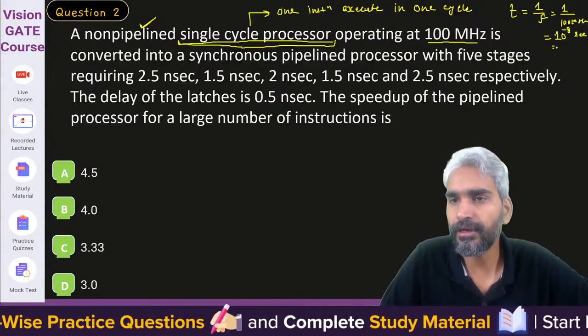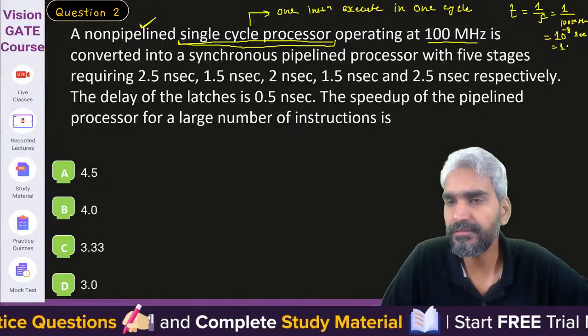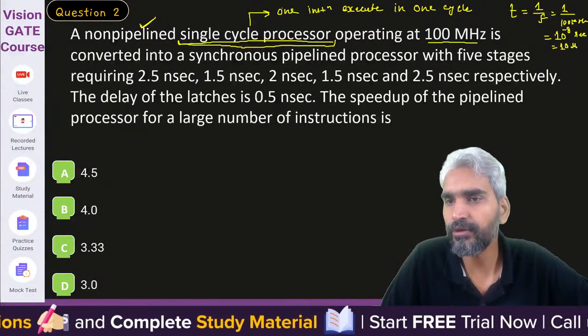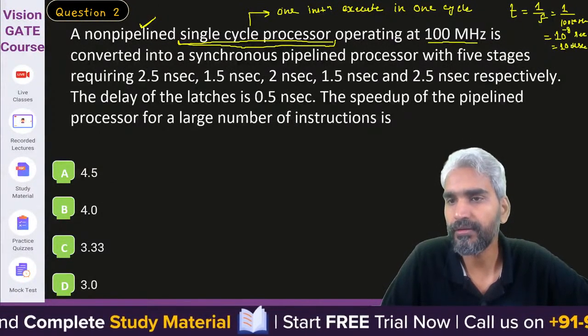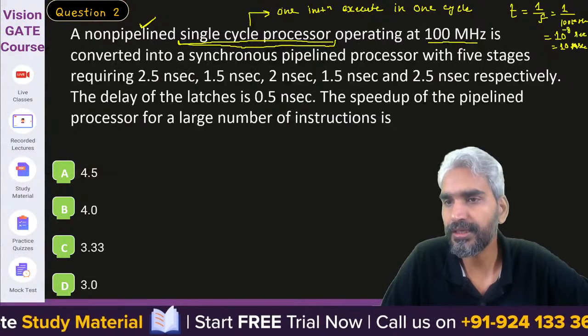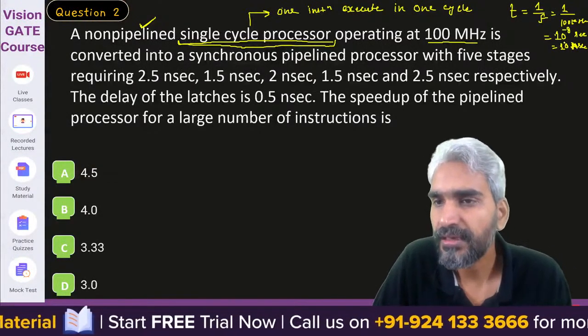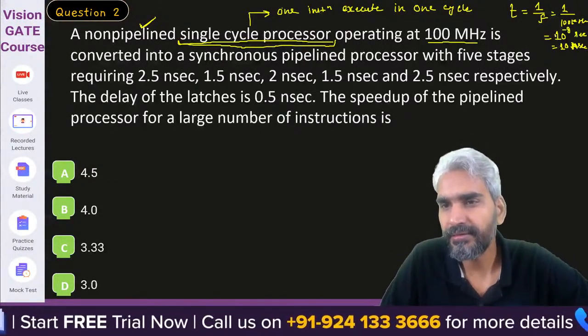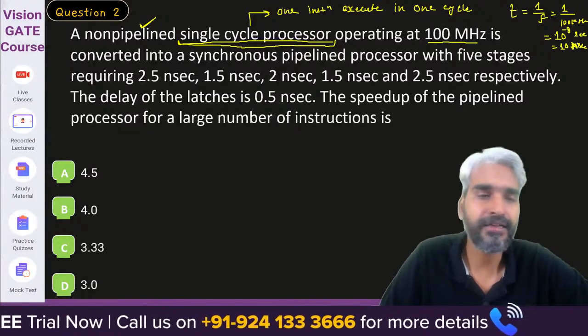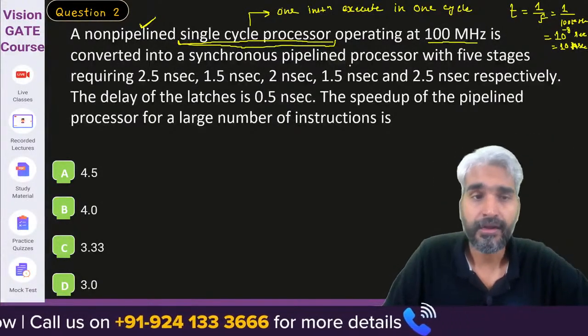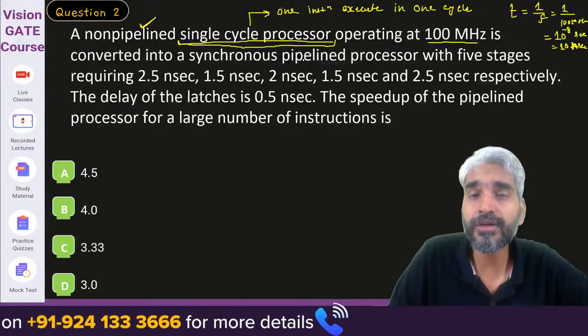I can actually call it 10 nanosecond. Multiply by 10, divide by 10, minus 9, yes, 10 nanosecond. Clear? Good enough. Let's assume it is converted into a synchronous pipeline processor.